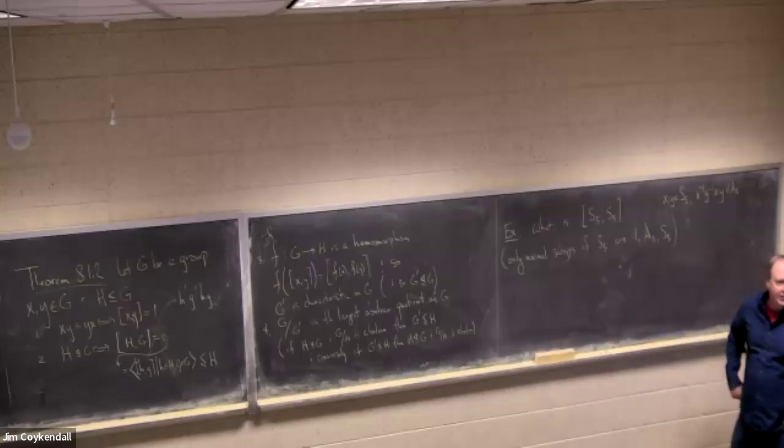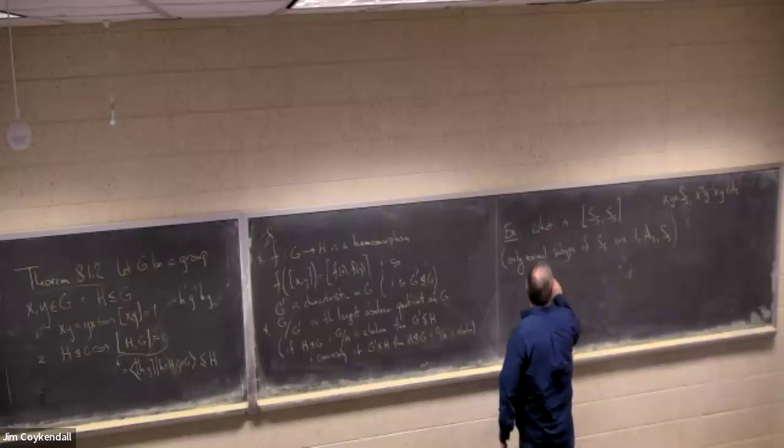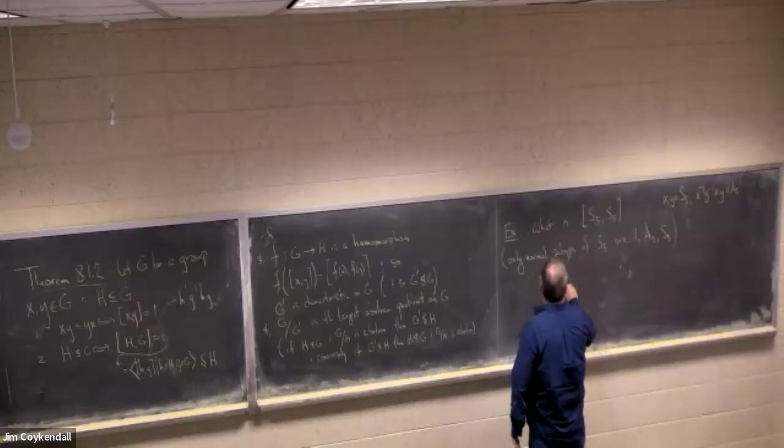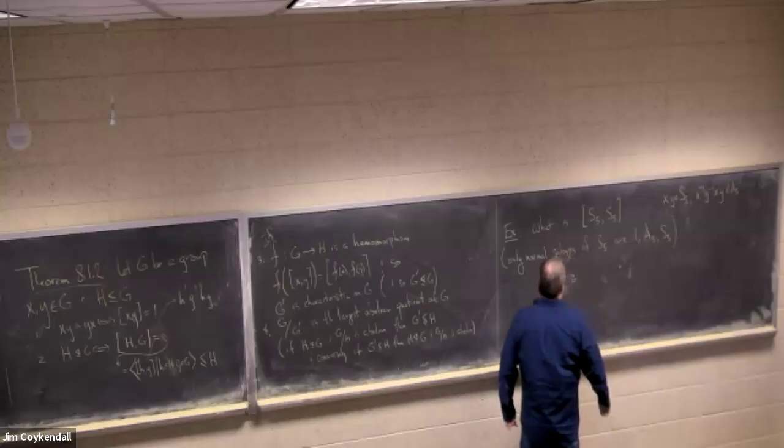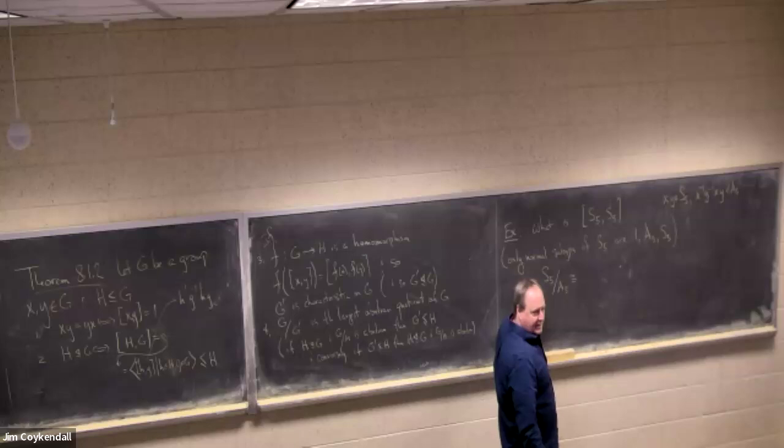So what's the commutator? What's that isomorphic to? I'll give you a hint. How many elements are in this quotient?